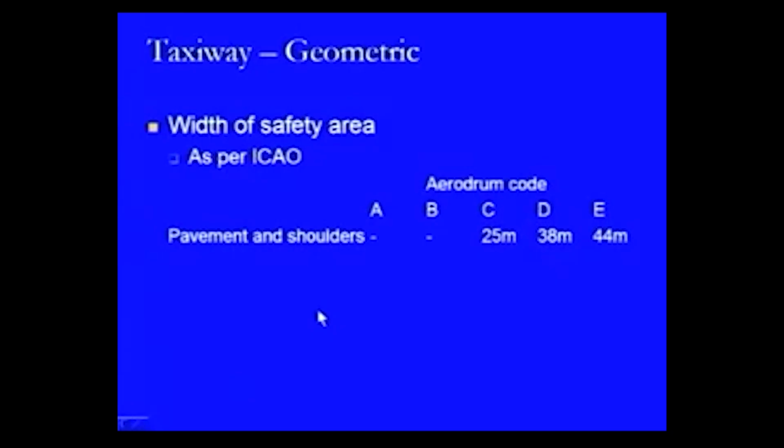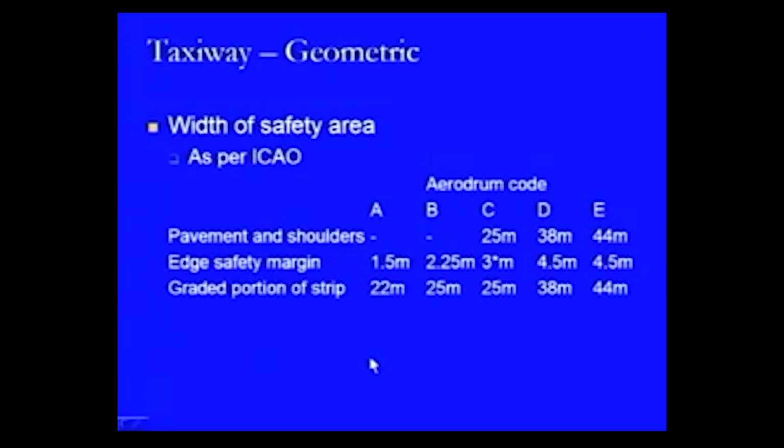They should be 25 meters wide in the case of category C, 38 meters for category D and 44 meters in category E. Whereas the edge safety margins should be 1.5 meters for category A, 2.25 meters for B, 3 meters for C, 4.5 meters for D and 4.5 meters again for E. In the case of the graded portion of the strip, the values are 22 meters for A category, 25 meters for B category, again 25 meters for C, 38 meters for D and 44 meters for E category of aerodromes.